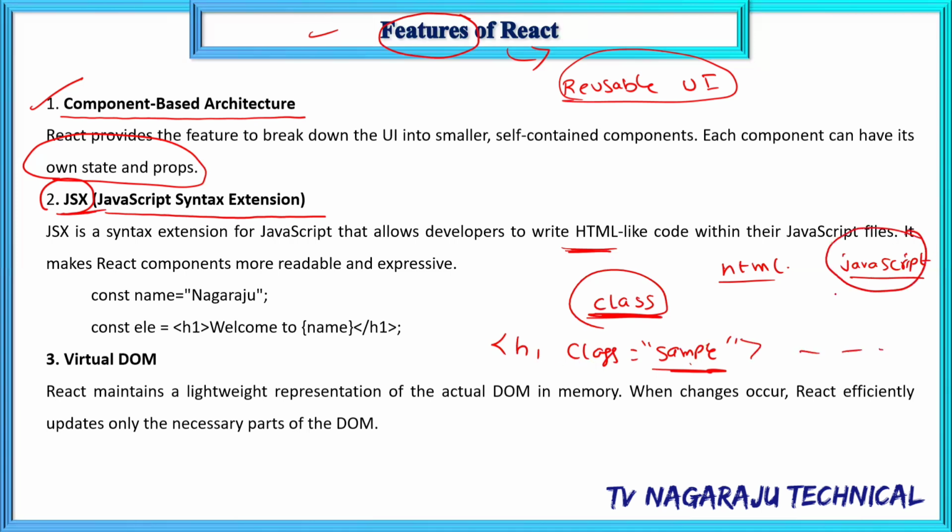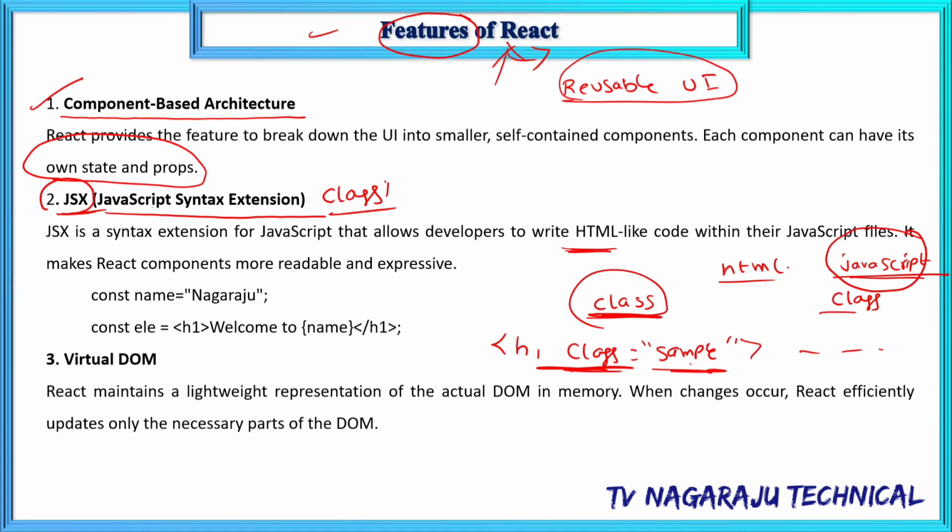In JavaScript also, we have the concept of class under object-oriented programming. Now, if you use the same class in React, the question is whether it belongs to HTML or to JavaScript. To avoid that ambiguity, React uses JSX, JavaScript extension.